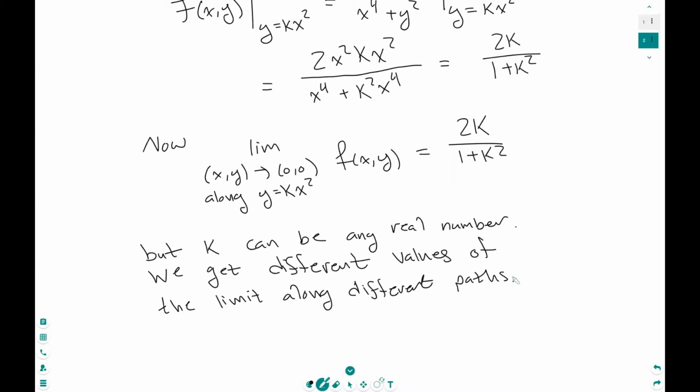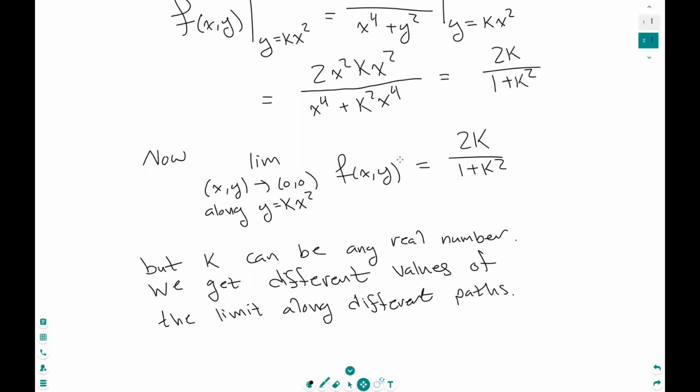So that means that this limit can't exist. I get different values for different paths. In this case, I just chose a pretty nice general path, right? Where I can just change k a little bit and get a brand new path, right?